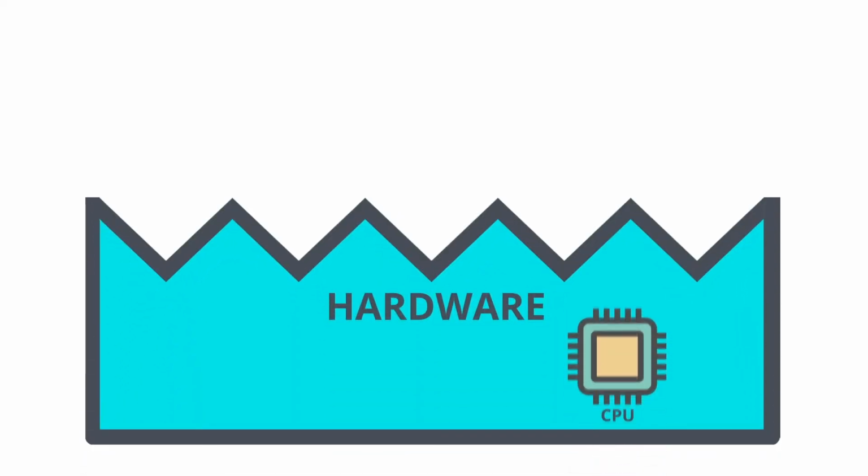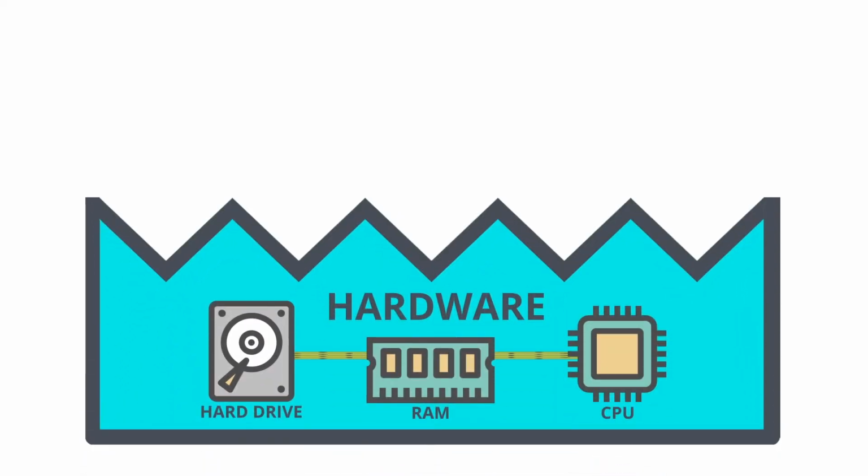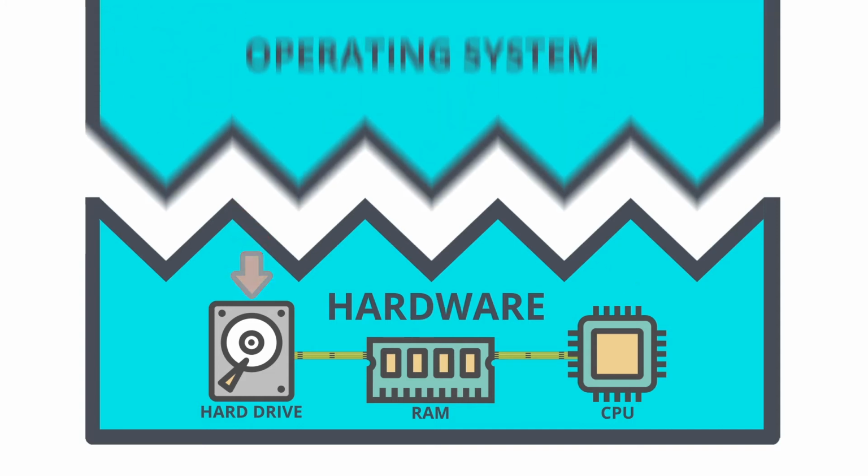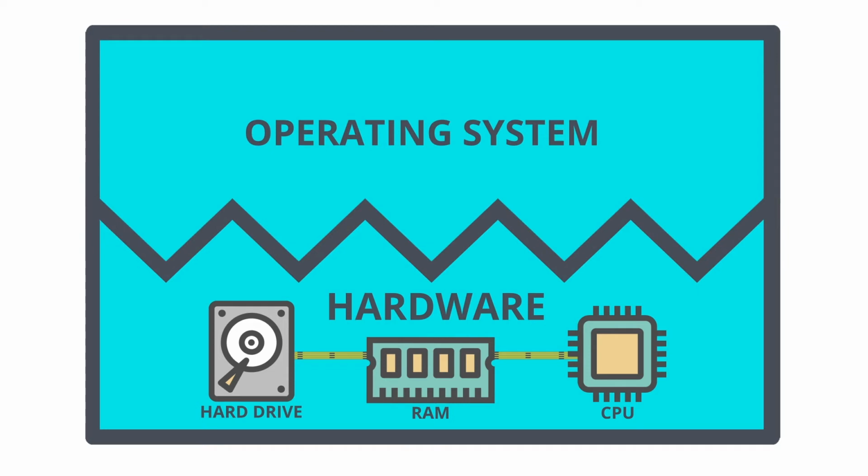In the old IT world, servers were just boxes made up of lots of hardware components. Opening a server box, you would see a microprocessor, or CPU, memory cards, or RAM, and a hard drive. The server operating system, entirely made up of software, was specifically designed to run on that hardware.